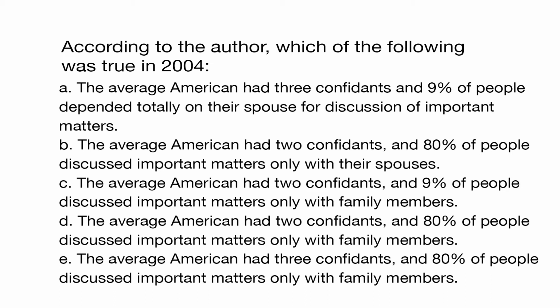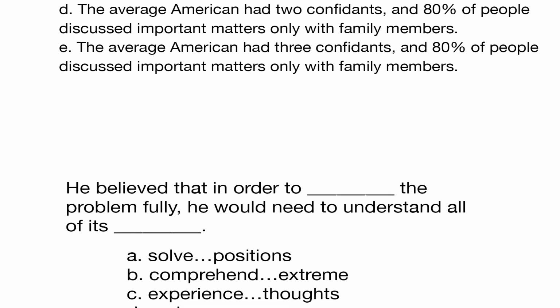D, the average American had 2 confidants and 80% of people discussed important matters only with family members? Or E, the average American had 3 confidants and 80% of people discussed important matters only with family members? The answer is D. The average American had 2 confidants and 80% of people discussed important matters only with family members.